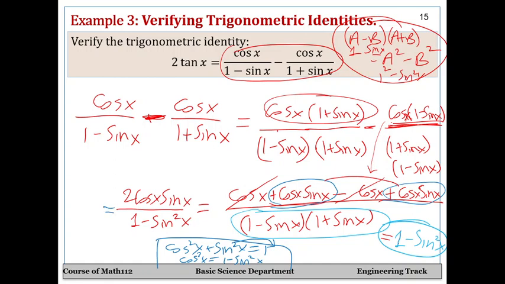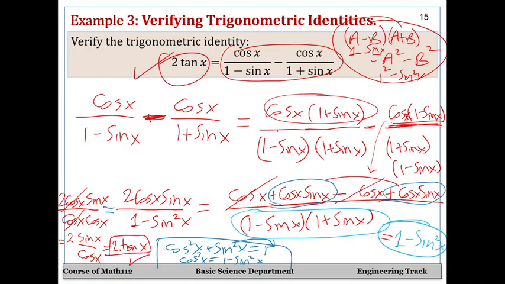This will be cosine x, 2 cosine x sine x divided by cosine squared x. Cosine squared x means cosine x times cosine x. Do you see the cancellation now? So we will end up with 2 sine x over cosine x. And what is this? So this is equal to 2 times tangent x. Are we done? Yes, we got this.